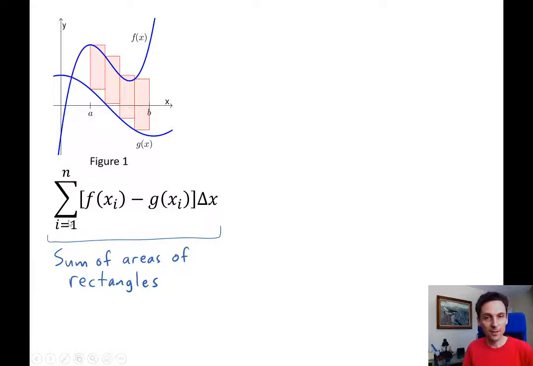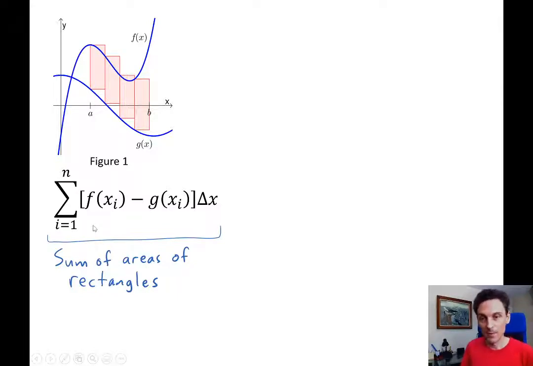So this is going to add up rectangle number 1, rectangle number 2, rectangle number 3, all the way up to rectangle number n, which in our figure 1 picture would be n equals 4. So this is the sum of the areas of the rectangles.